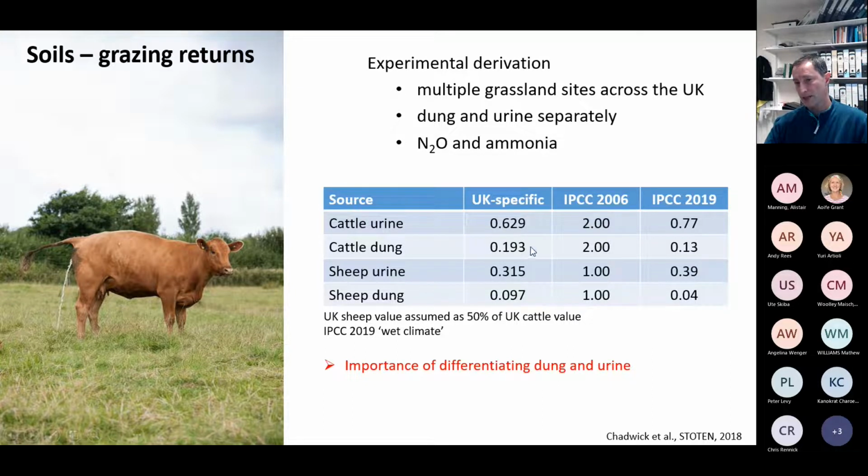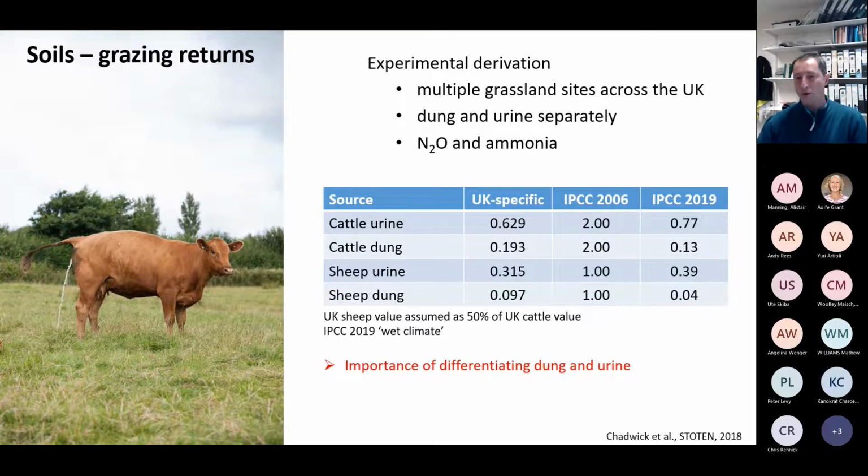So these values compare with the IPCC 2006 value for cattle, which was 2%. So you can see we're much lower than the 2% that was given there, but we're broadly in line with the values in the IPCC 2019 refinement, which I think is not entirely surprising, because a lot of our data were among the data sets that went into making that refinement.